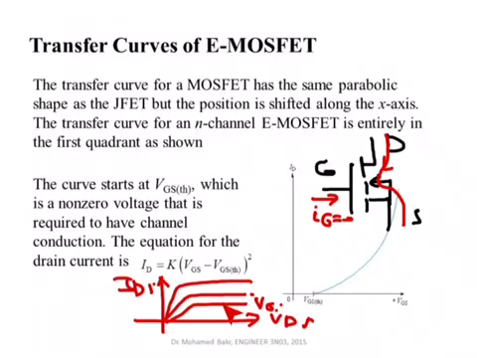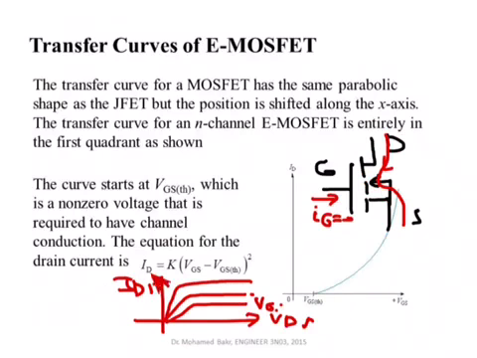This is why they say the equation governing the drain current, sometimes called ID, sometimes IDS, is exactly the same. It is the current flowing from the drain to the source.